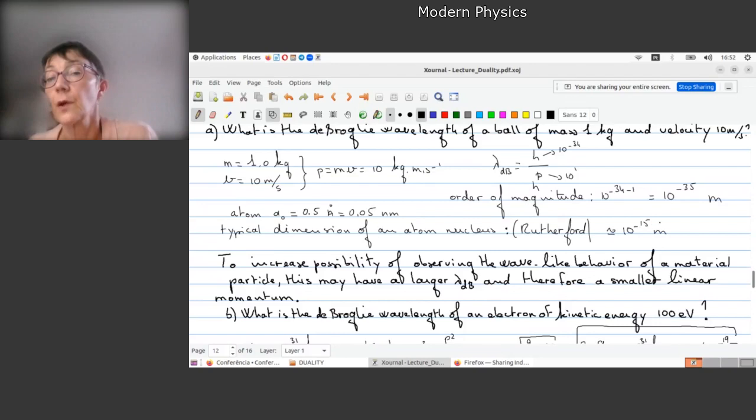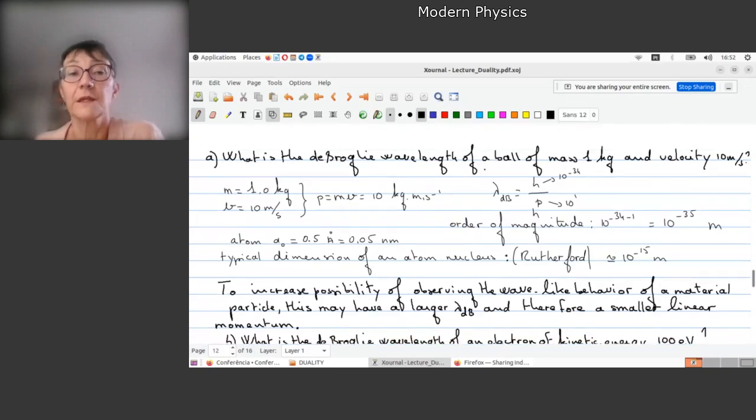So it's still 20 orders of magnitude larger than that. So obviously you won't observe the wave-like behavior of a ball of mass 1 kilogram and velocity 10, or whatever the velocity.